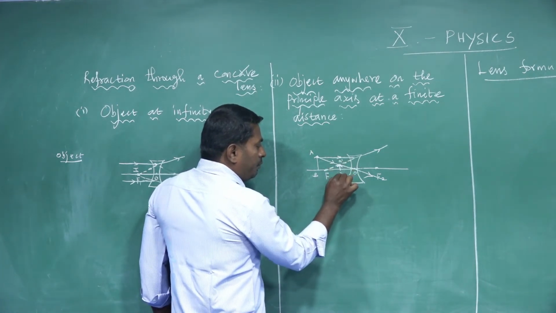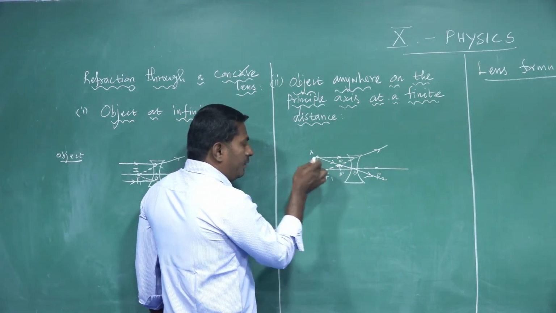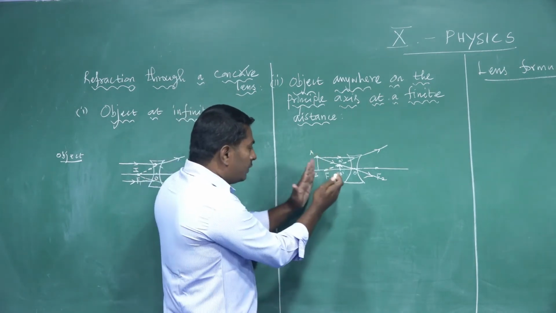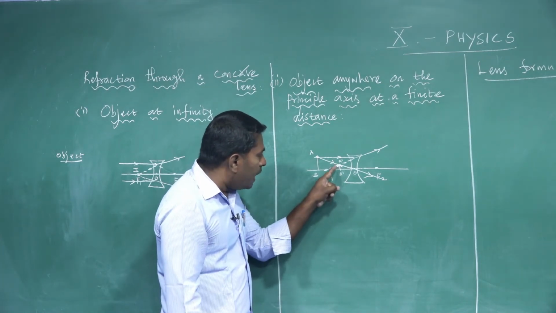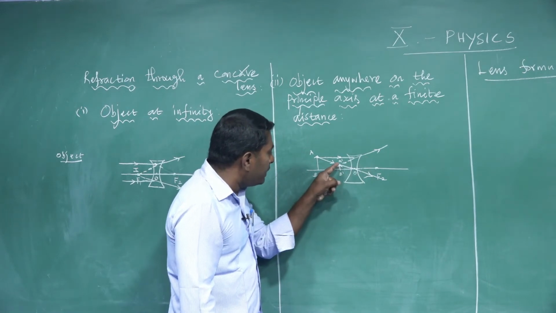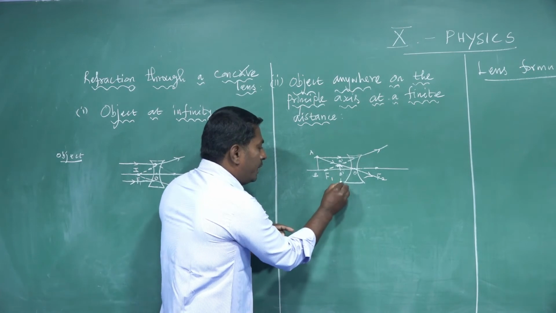A prime B prime is the image formed by a concave lens when the object is placed anywhere on one side of the concave lens. That image is obtained because these two refracted rays appear to intersect at this point. This image is a virtual image.